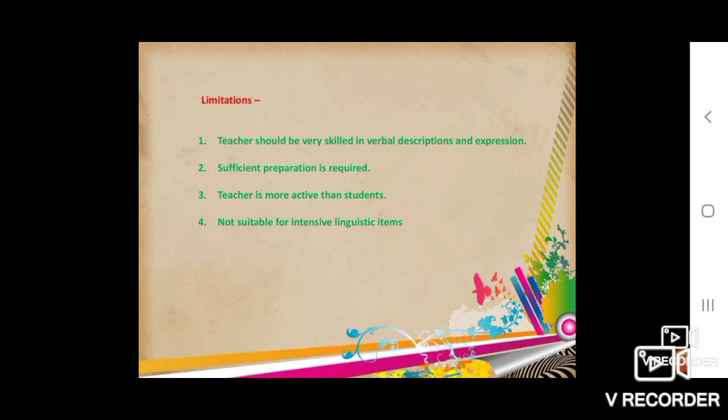He must be well versed with the language. Then, for narrating a story, sufficient preparation is required. This is another limitation, and it is true that it takes much time, and the teacher is more active than the students.